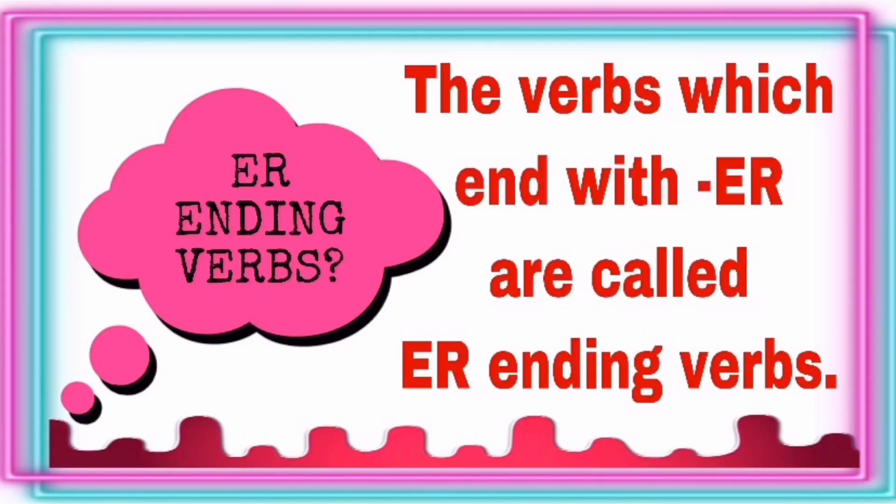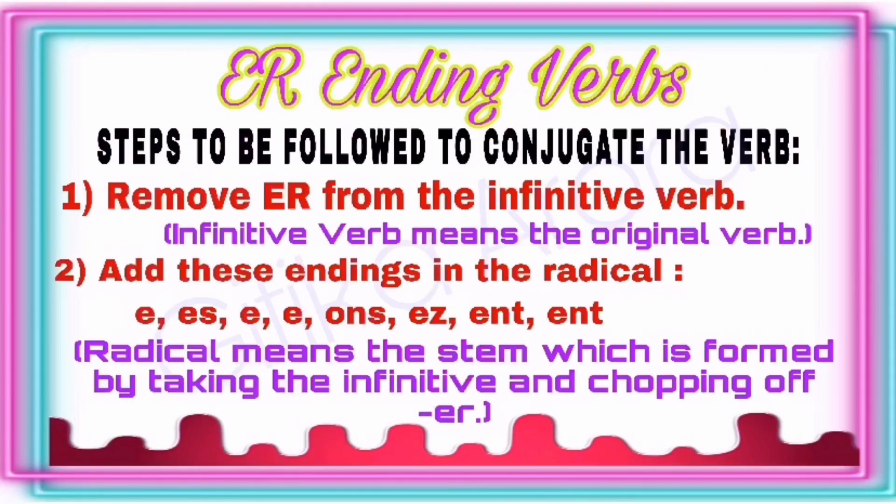Now let's see how to conjugate ER ending verbs. There are only two simple steps that you need to follow to conjugate an ER ending verb. So the first step is to remove ER from the infinitive verb. Now what is an infinitive verb?